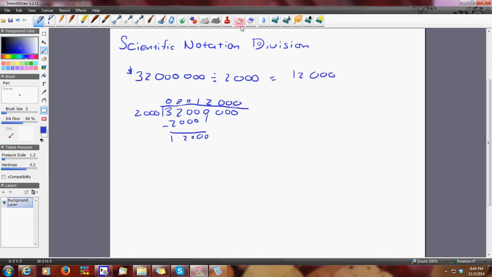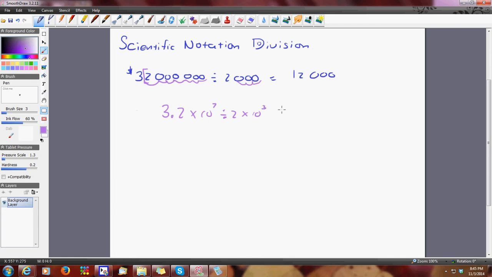And like I said, I haven't done my long division in a long time, and it's not really a big deal because I know how to do this in scientific notation. 32 million, if I were to rewrite this, I'm going to pick a different color, is 3.2 times 10 to the 7th, divided by 2 times 10 to the 3rd.